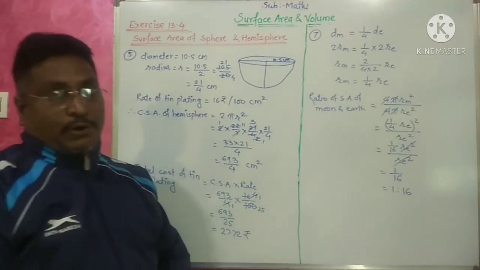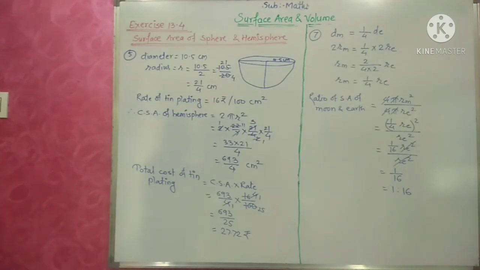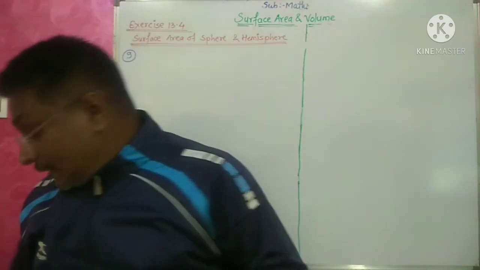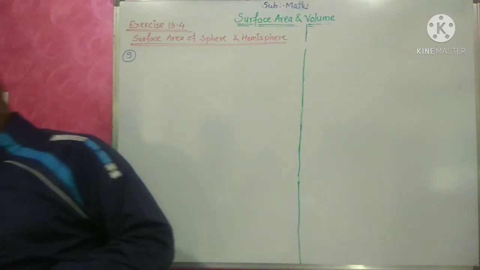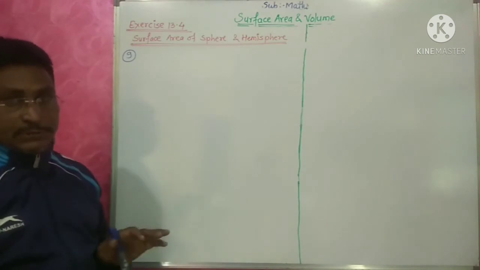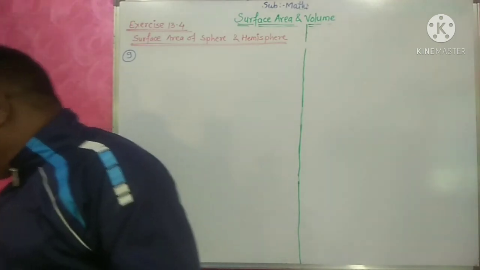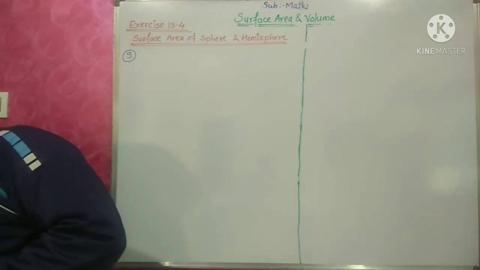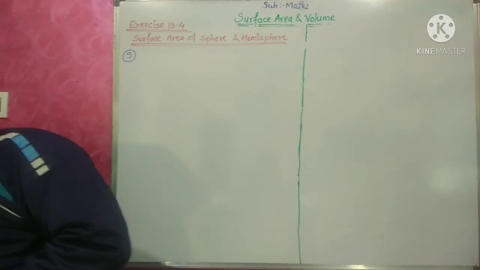So now we will go on to the next question. Now the 8th question is the homework for you. Now I am going to explain the 9th question. So what is given in the 9th question? A right circular cylinder just encloses a sphere of radius r.